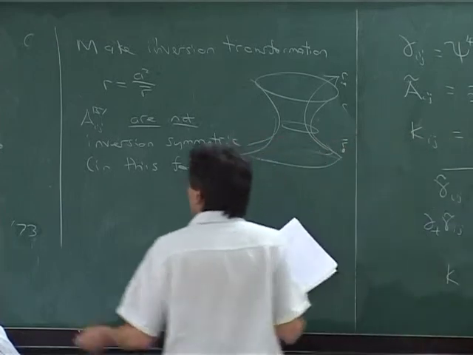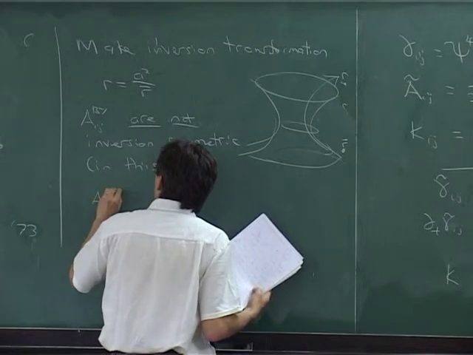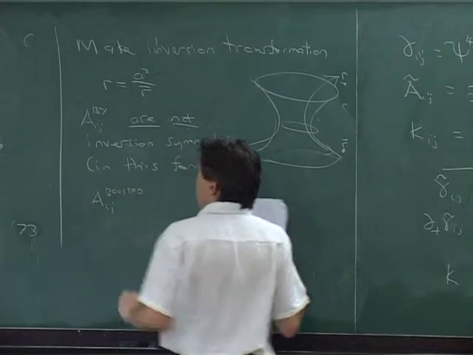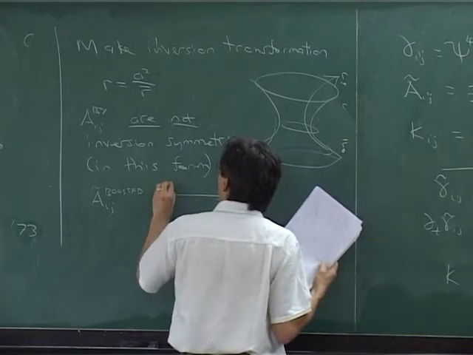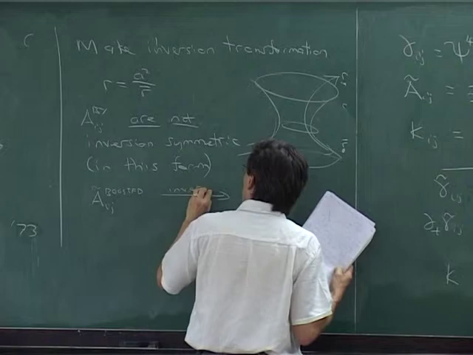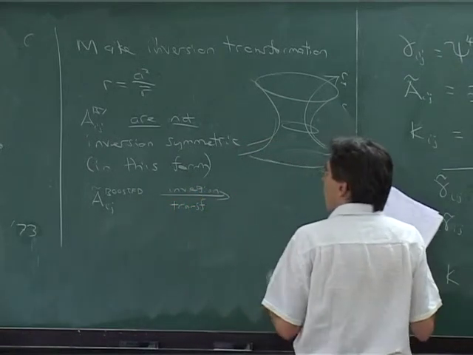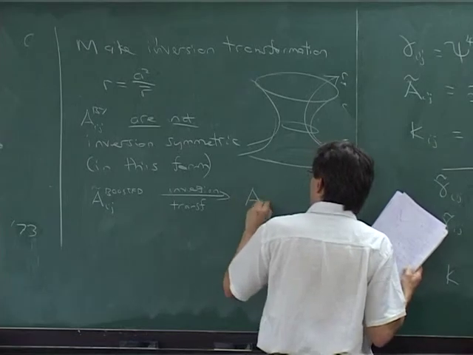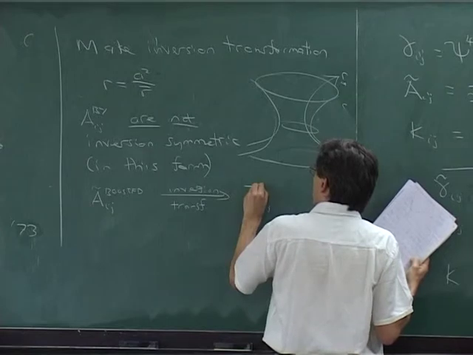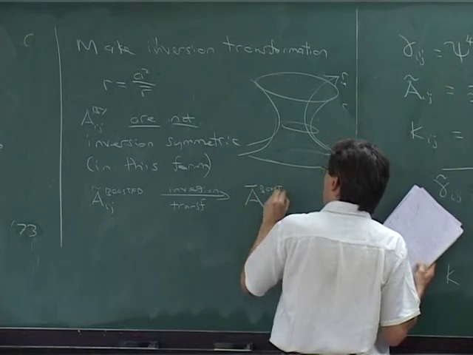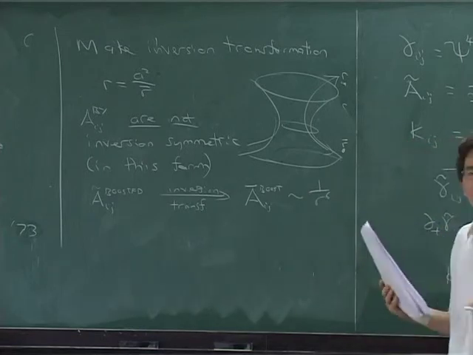And it turns out that if you take the boosted solution and make an inversion transformation, then you get some new one, I'll put a bar on it, which goes now as 1 over r to the 6, not 1 over r to the 4.